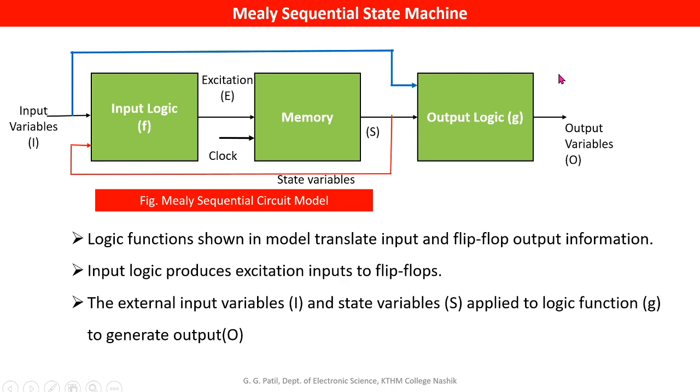Here is the block diagram of the Mealy sequential state machine. See, there are again three blocks. That block diagram we saw in the beginning of the lecture. The same blocks are there. The input logic block, which was named a combinational circuit there, is shown by the letter F. The output of the input logic block is the excitation input or excitation variable E, which is given as the input to the memory, and another input to the memory is the clock.